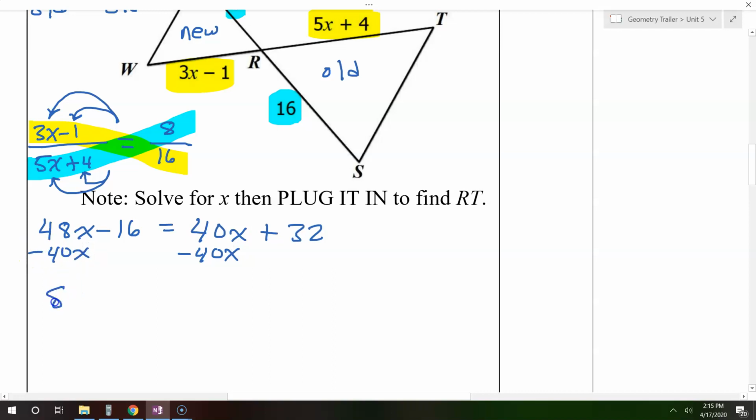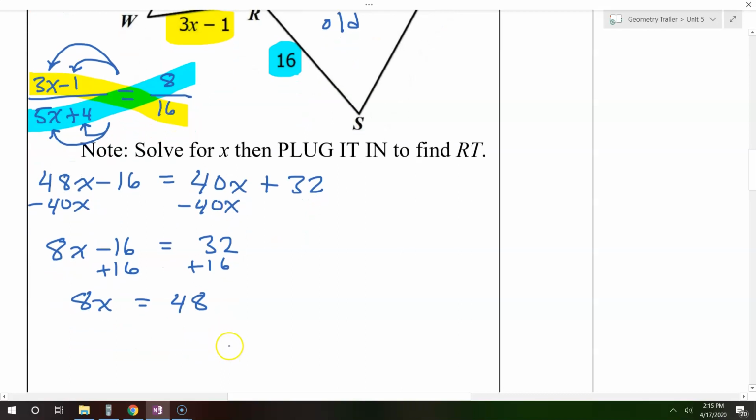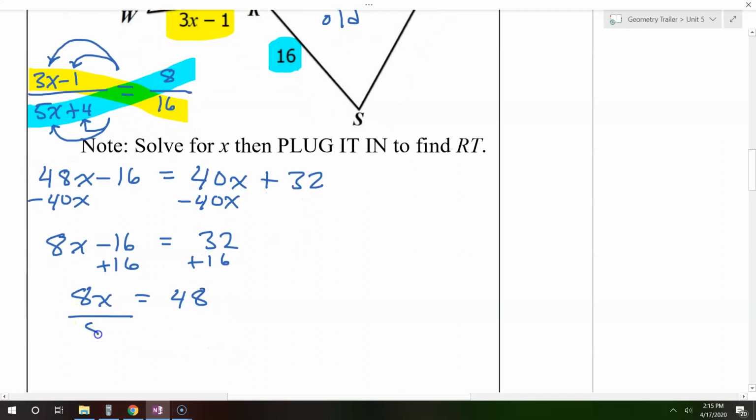That'll leave us with 8x minus 16 is equal to 32. Adding 16 to both sides gives us 8x is equal to 48. Okay, then we will divide both sides by 8, and we will end up with x is equal to 6.